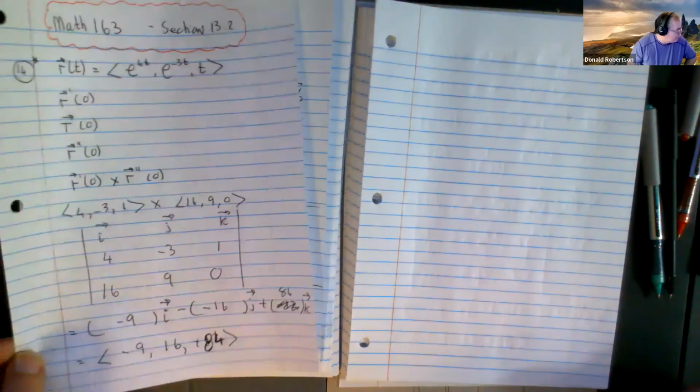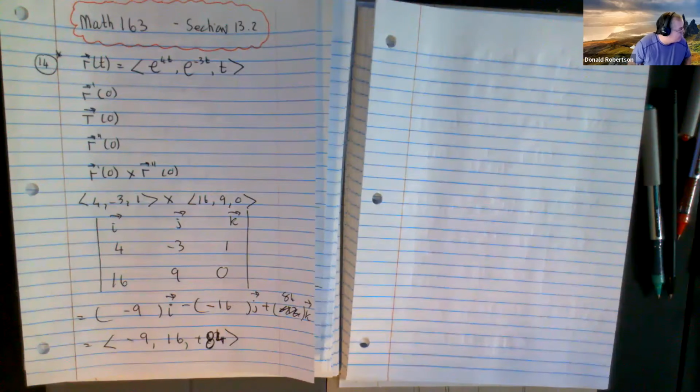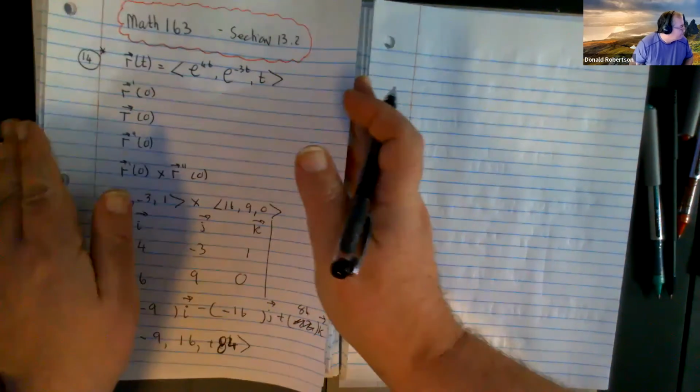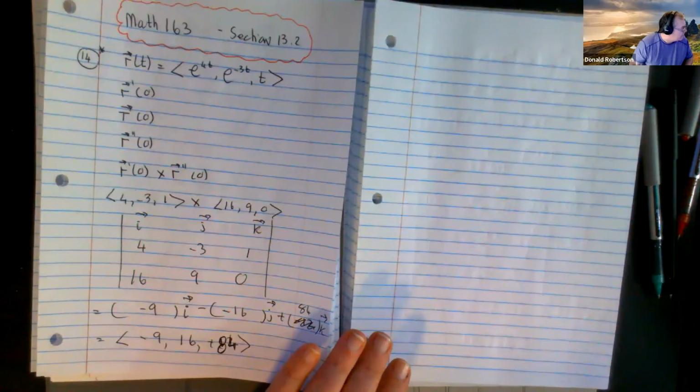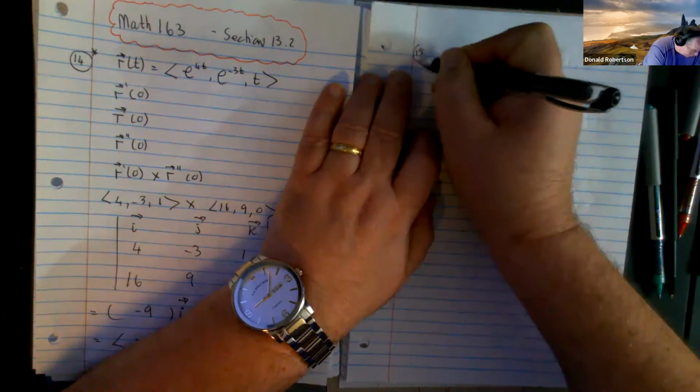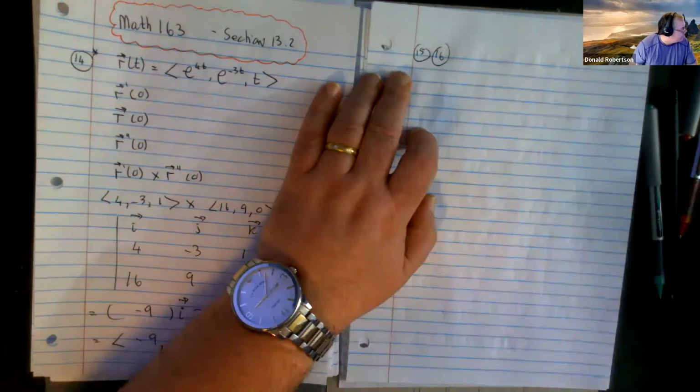Well, that basically was a version of question 14. So now we're going to look at how do you find the equation of a tangent line? And there's a number of these questions. Let's see what they are. So questions 15, 16 want to find the equation of a tangent line.